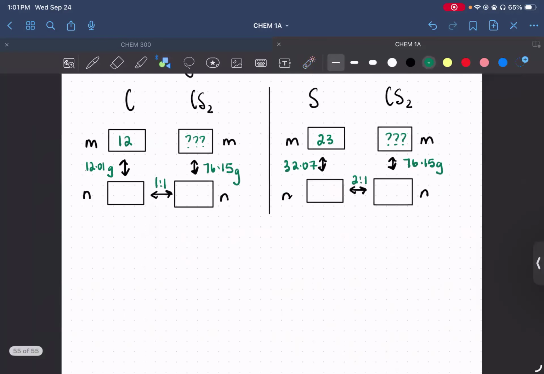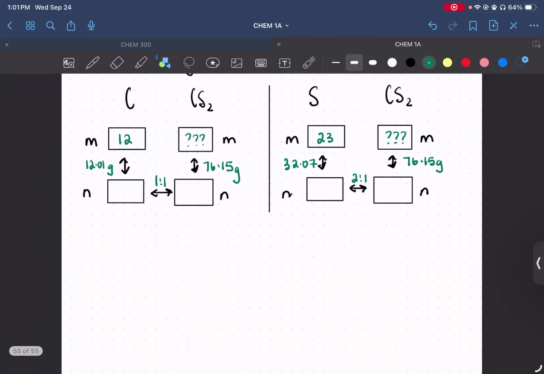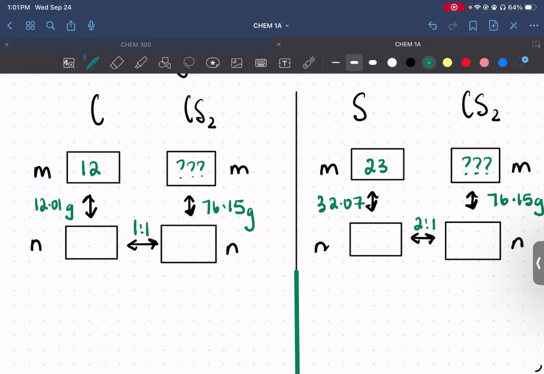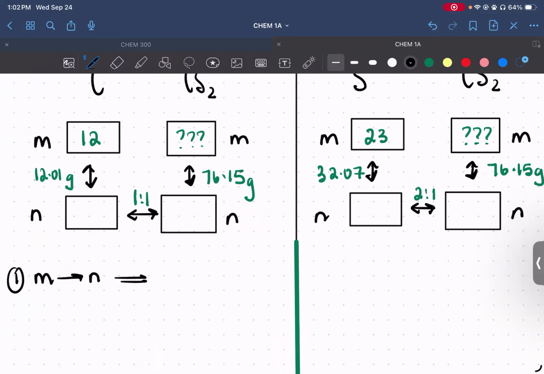Now we're going to work on one at a time. I'm going to pick the left side first. The very first thing we are going to do is go from mass to moles. M to N. I know that traditionally N is equal to M over MM.